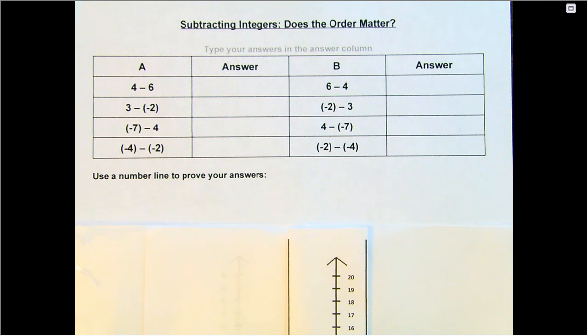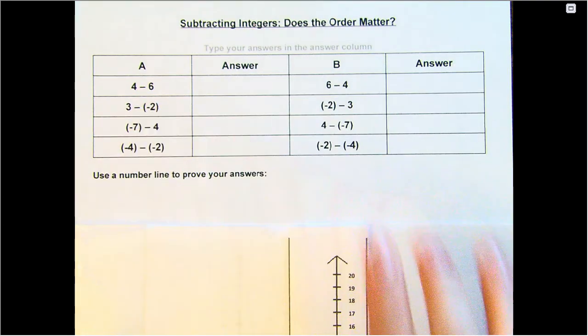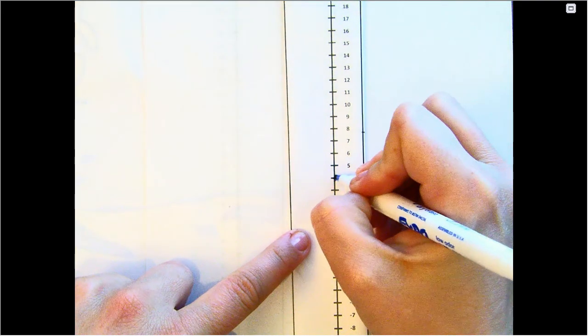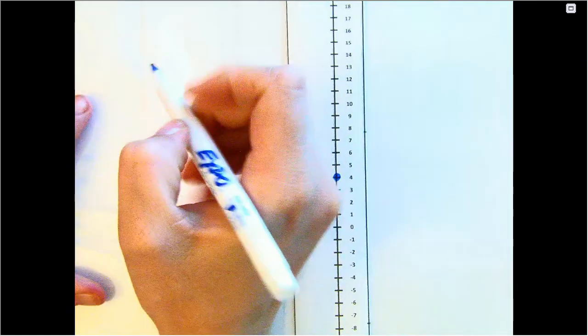So the first one is 4 minus 6. I'm going to start off using a number line. Again, we're going to solve 4 minus 6. I'm going to start at the number 4 on my vertical number line, and then I'm going to subtract 6. It is important to know from yesterday, we discovered that subtraction is the same thing as adding the opposite.